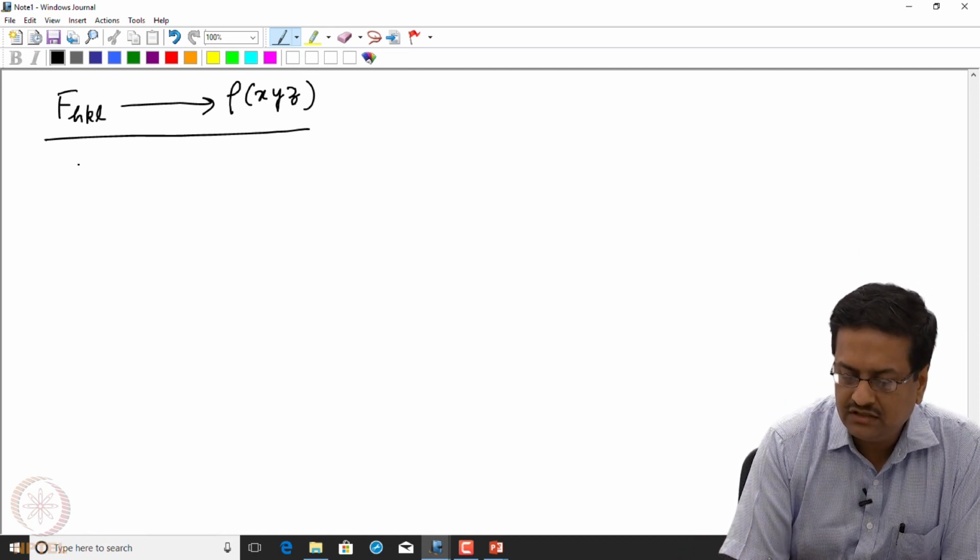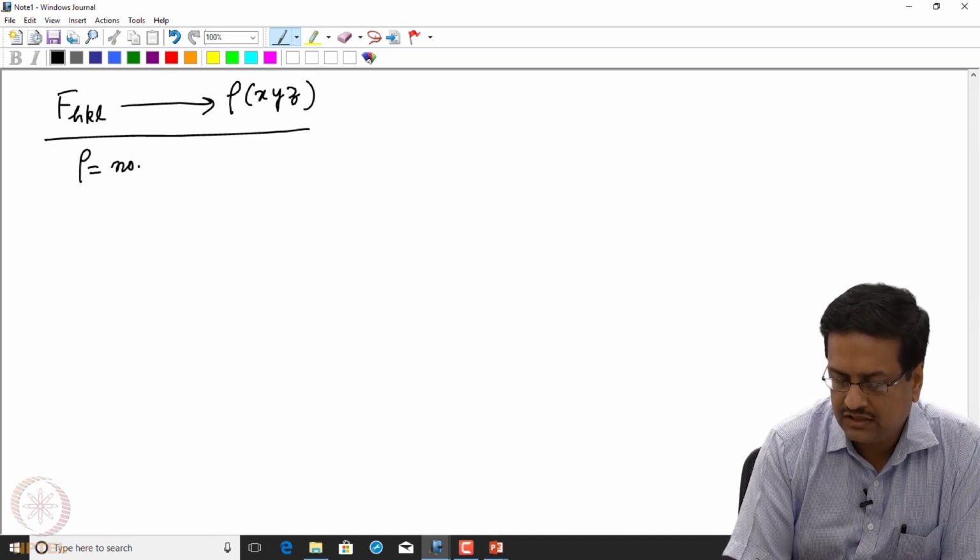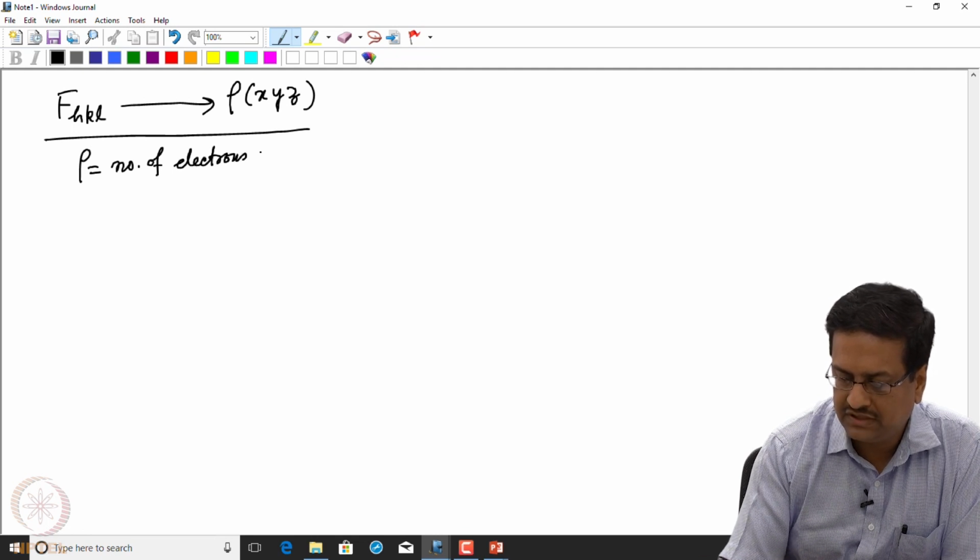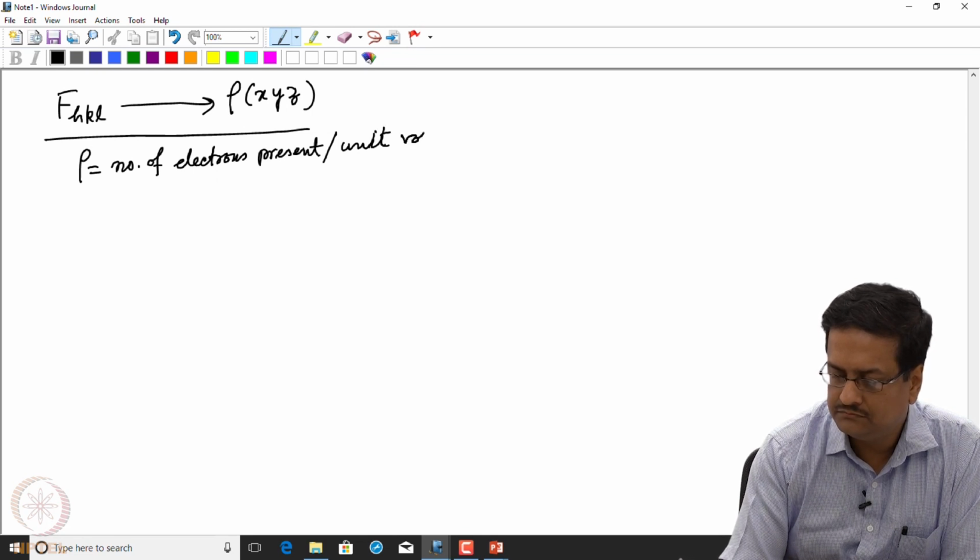Here we know the electron density rho is nothing but the number of electrons present per unit volume.